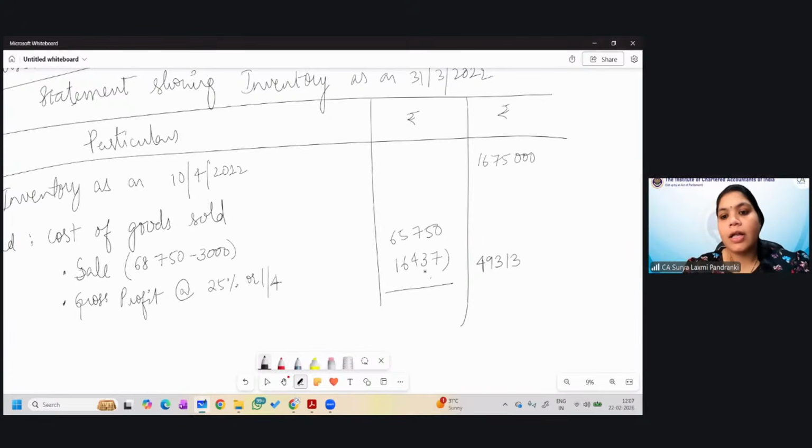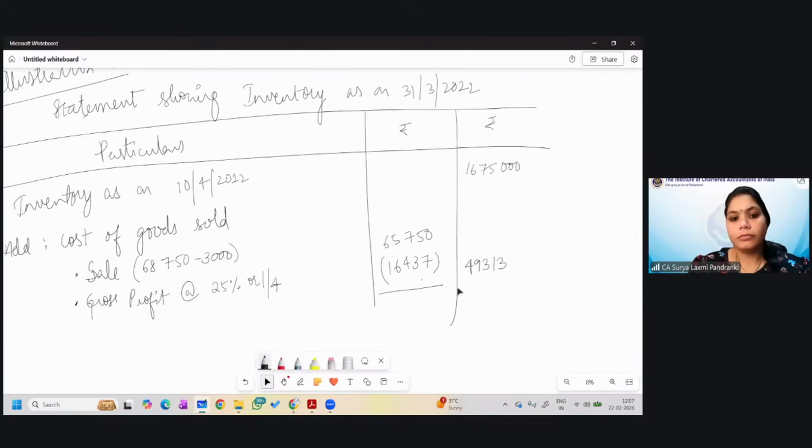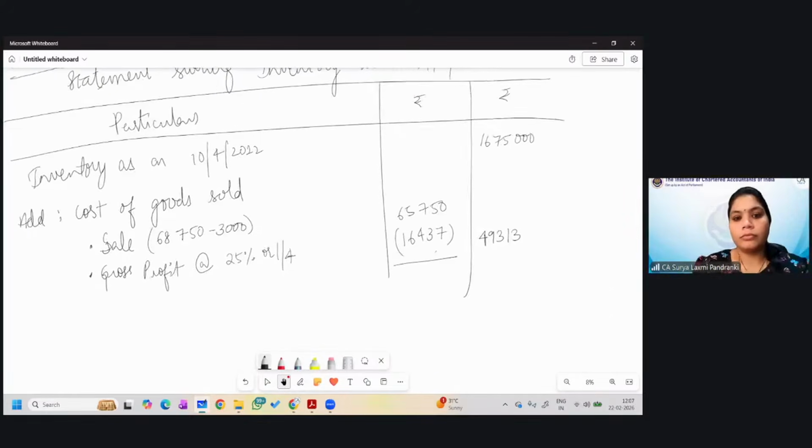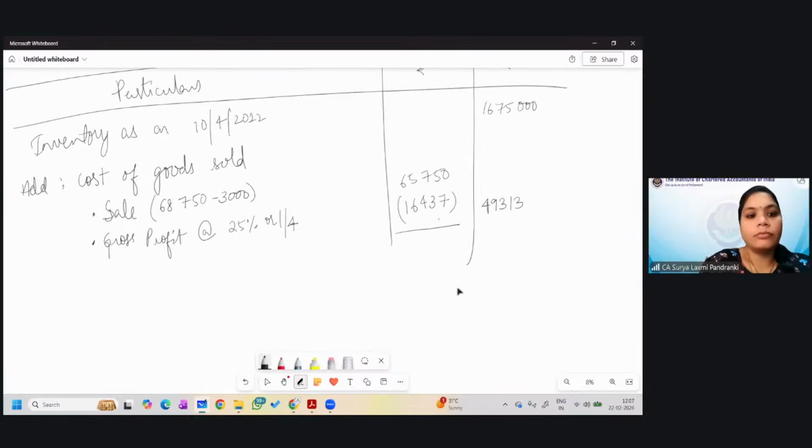Fine. That is how you got 49,313. Then 49,313 is correct. Take it, Pratik. I just rounded it off. It's okay, no problem. You can round it off. No, don't worry about decimals.